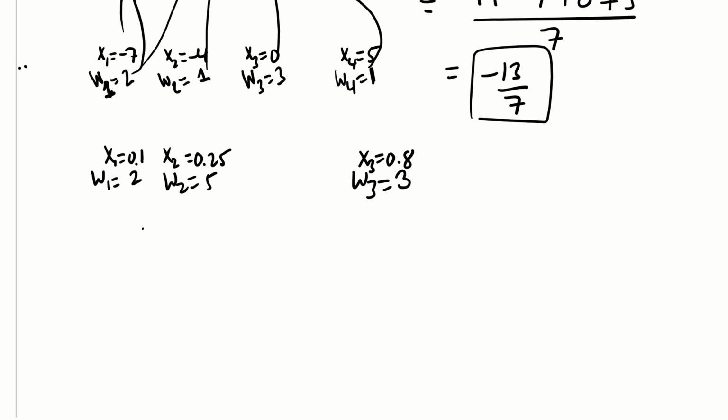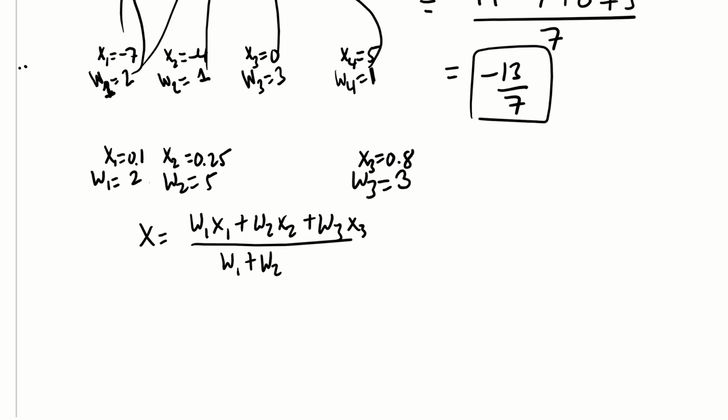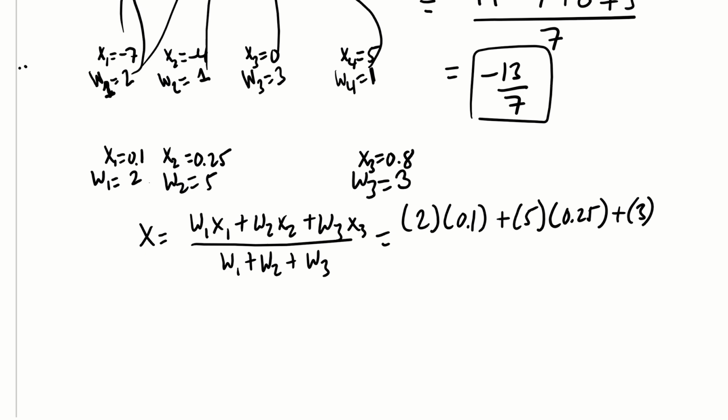So x equals w1 x1 plus w2 x2 plus w3 x3 over w1 plus w2 plus w3. So you're going to plug in those numbers: w1 times x1 plus w2 times x2 plus w3 times x3 over w1 plus w2 plus w3.